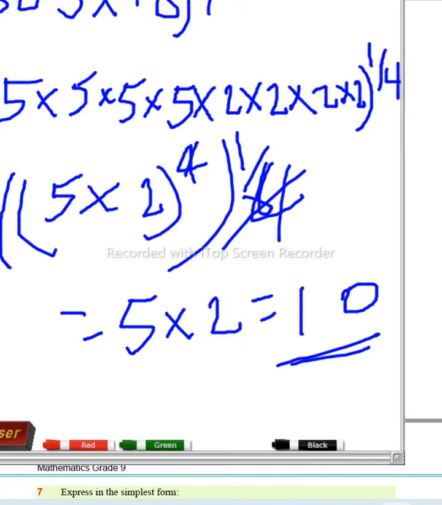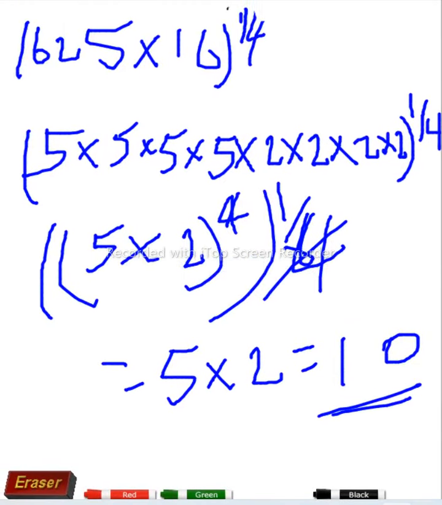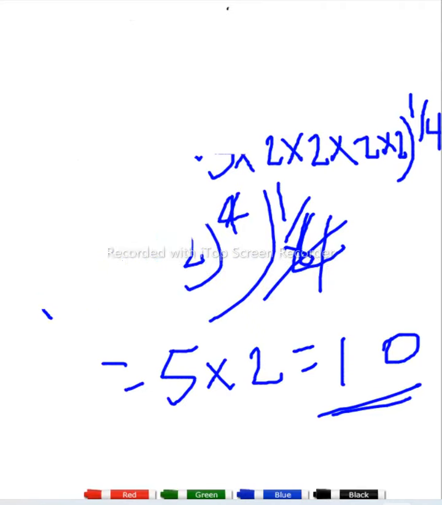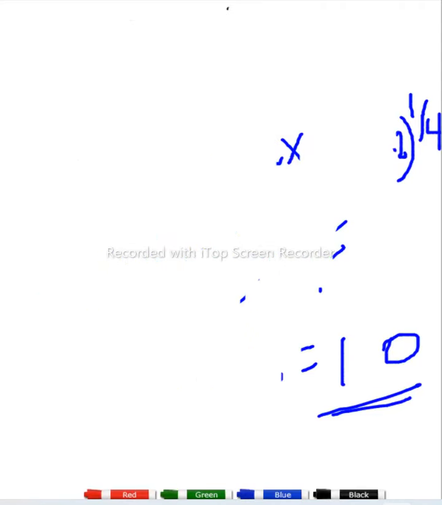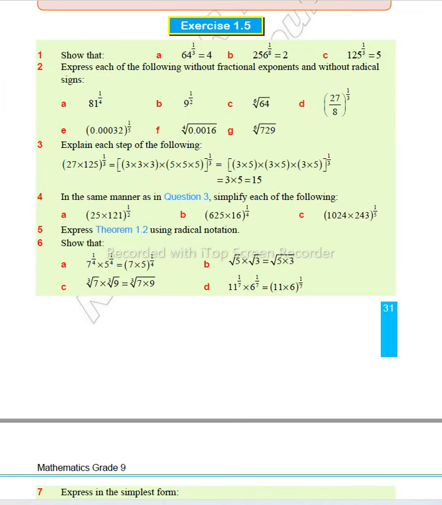Let us do another question. First, let us clear our whiteboard. Question letter C says 1024 times 243 the power of 1 over 5.